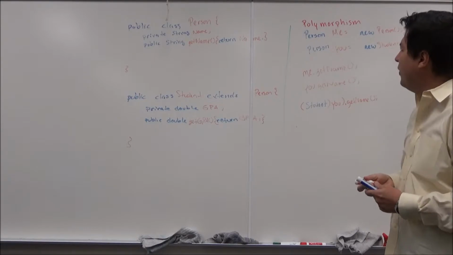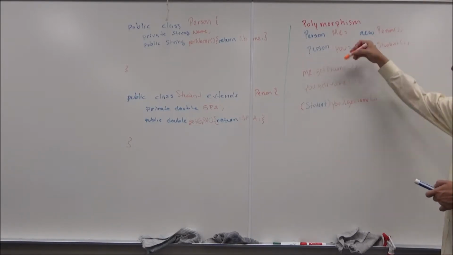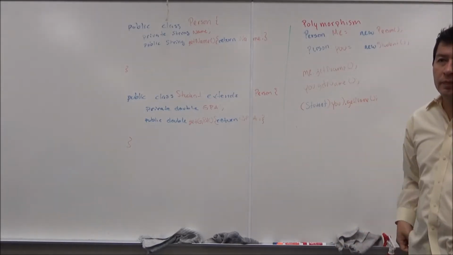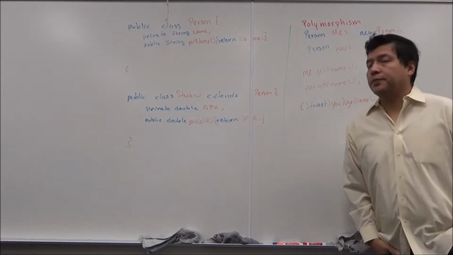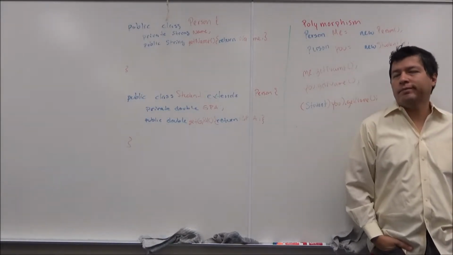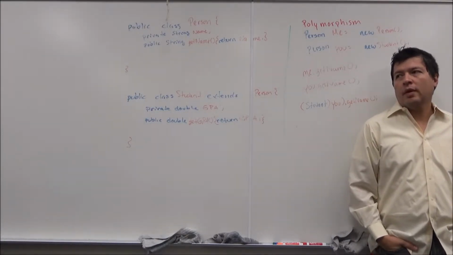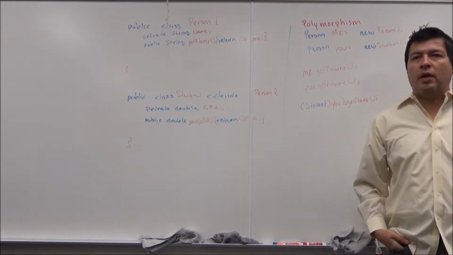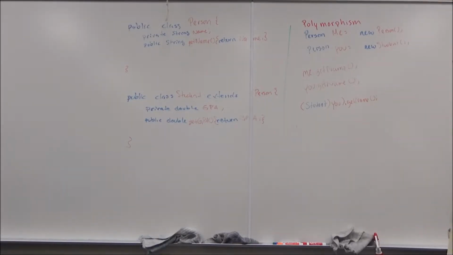So what do we use this kind of stuff for? Like what do we use polymorphism for? For instance, I have a class called male, and I have two children classes. One is incoming male, and the other one is outgoing male.